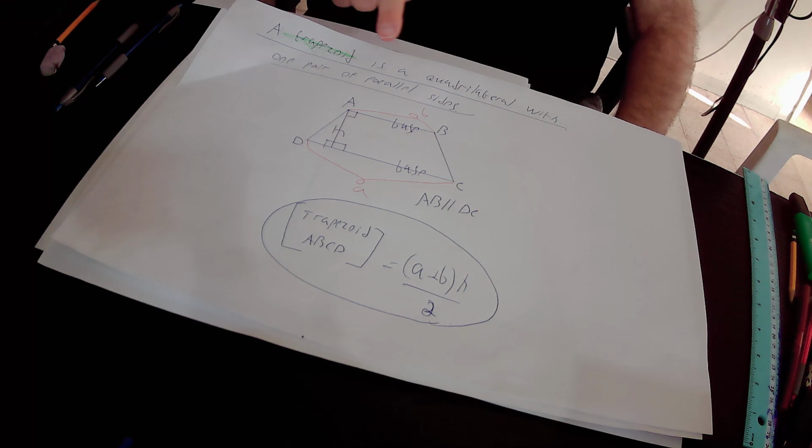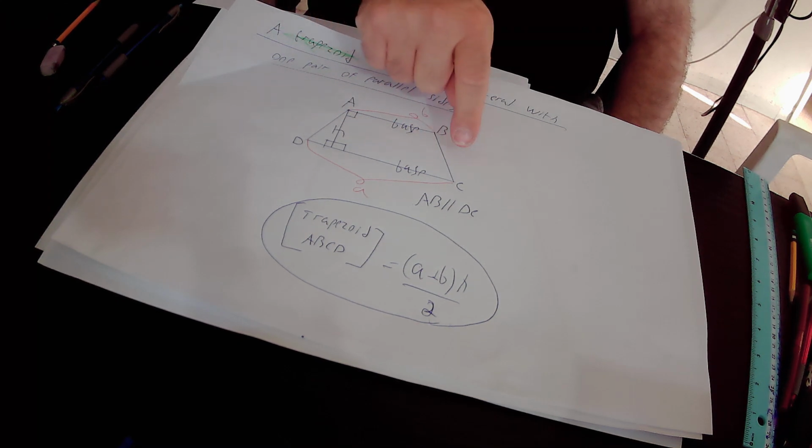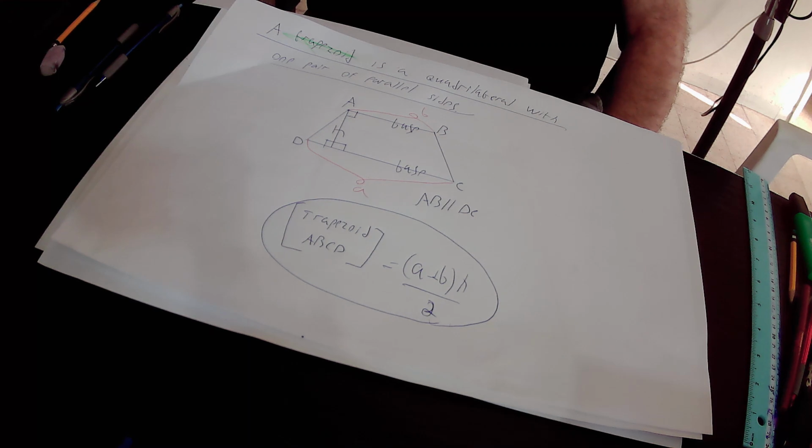Here, side AB is parallel to the opposite side DC. The two parallel sides are defined as the bases, so AB is the first base, DC is the second base. So the bases must be parallel to each other.